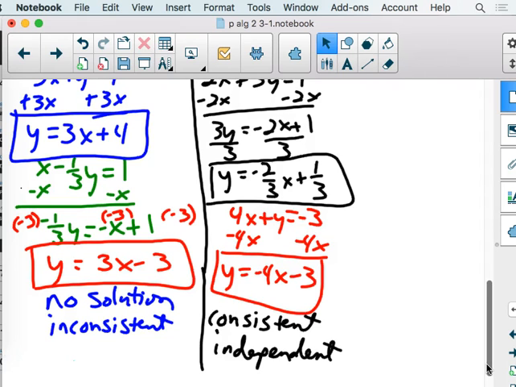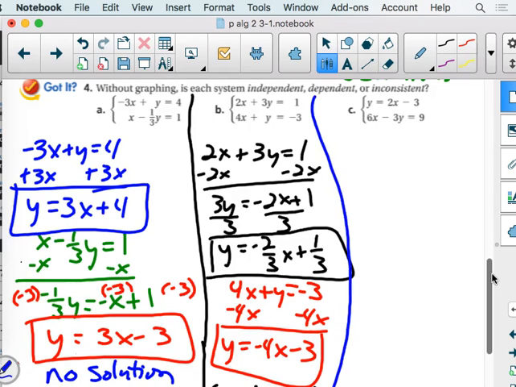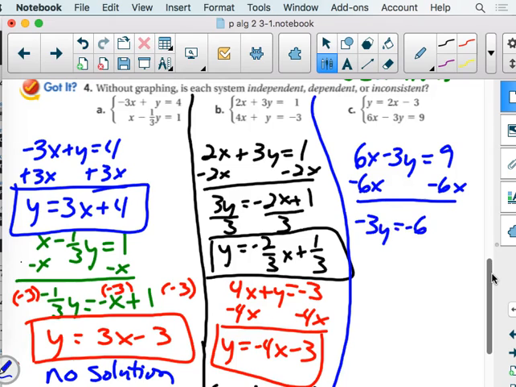All right, one more to go. Okay, we don't have to do any work for the top one. I like that. What do we do with that? Subtract 6x. Divide by negative 3.